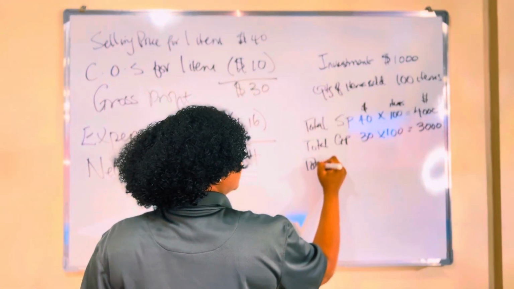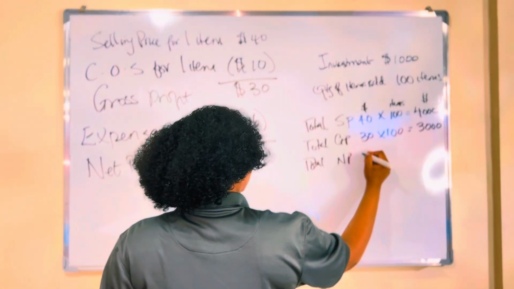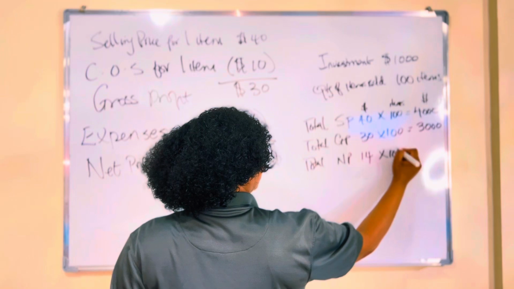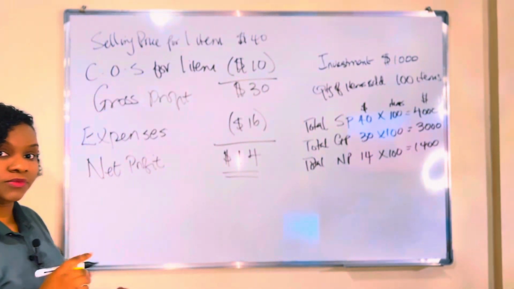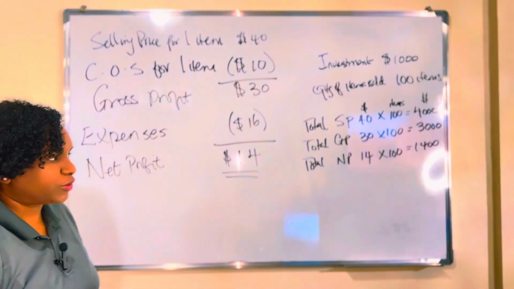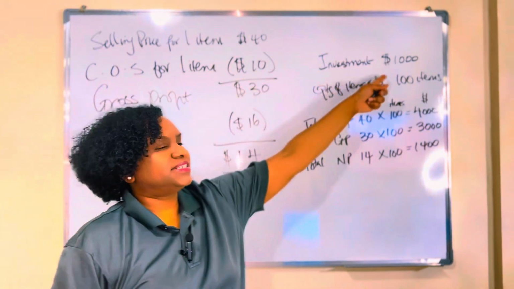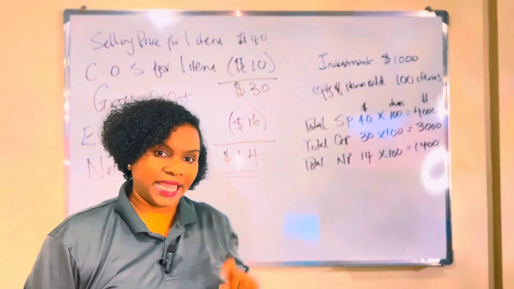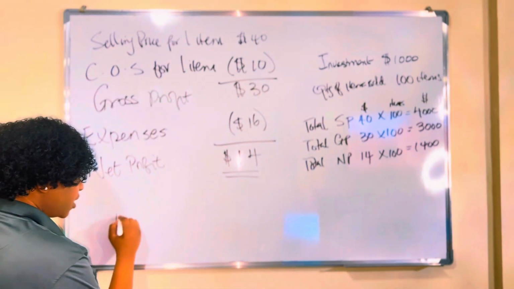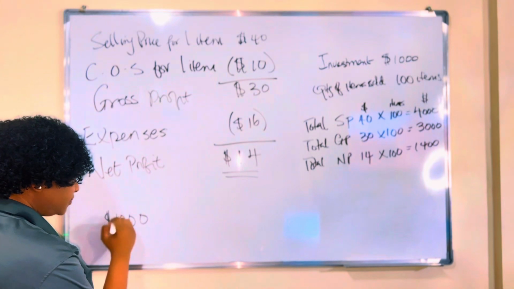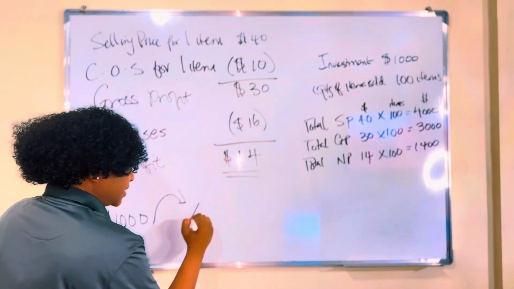So your total net profit is $14 multiplied by 100 items. So that's $1,400 net profit. Are we clear? All right. But you invested $1,000 into this business. So you put $1,000 in. This is a business.